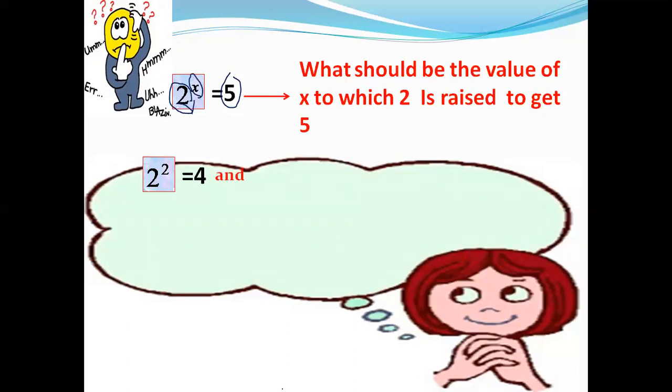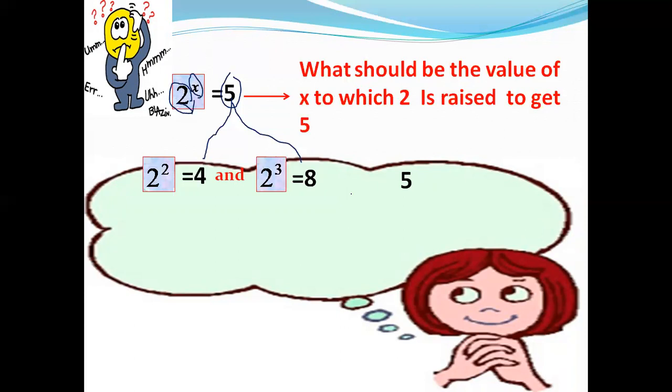And if you multiply 2 by itself 3 times, we get 8. Here we did not get 5, but what we have to get is 5. So if you observe, that result 5 lies between 4 and 8.